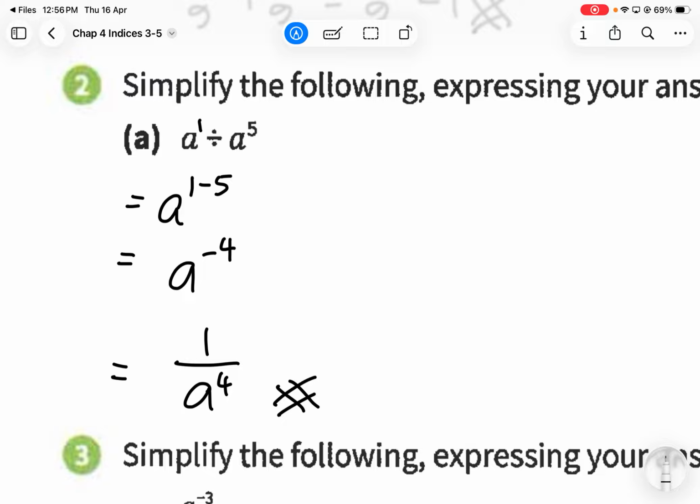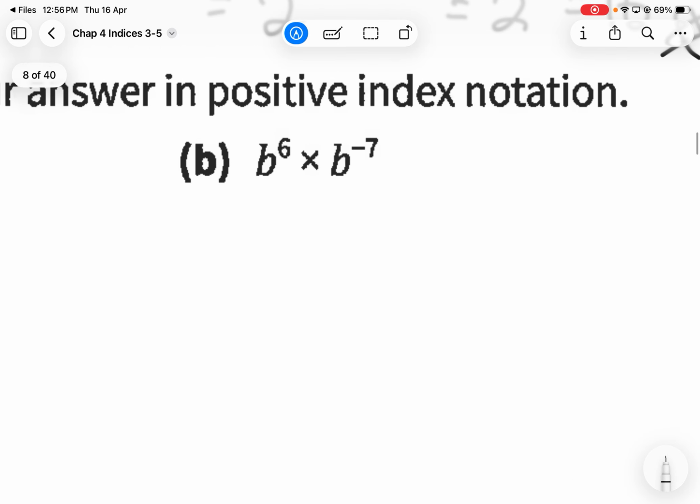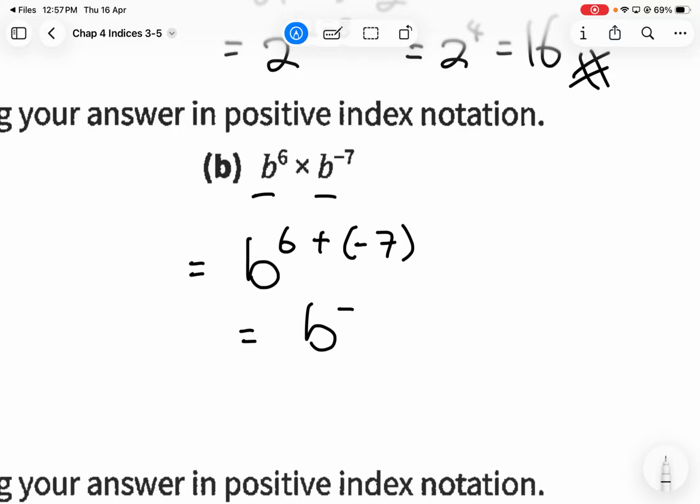Same base, multiply, meaning I add up the power. 6 plus negative 7 will become negative 1.